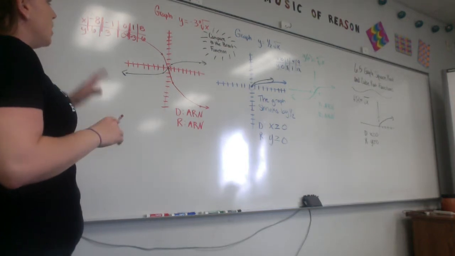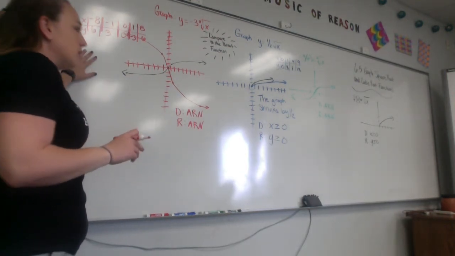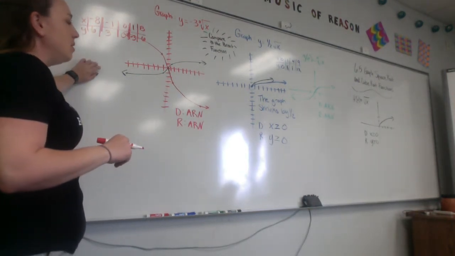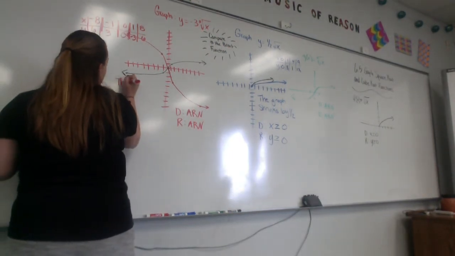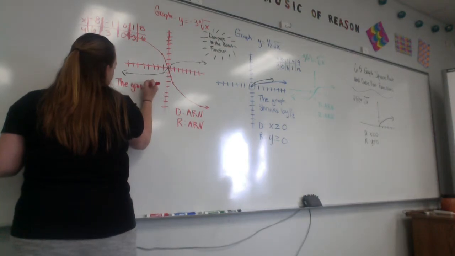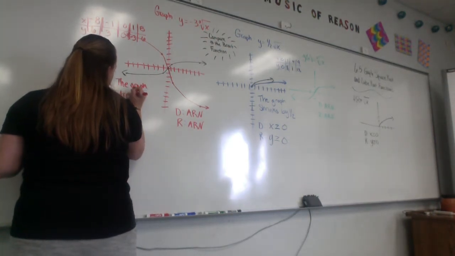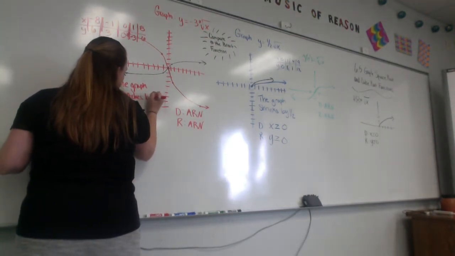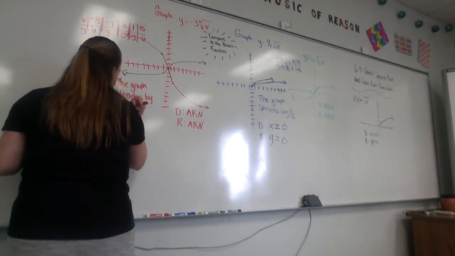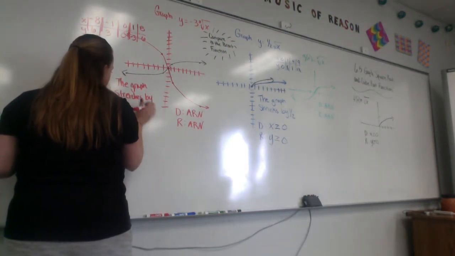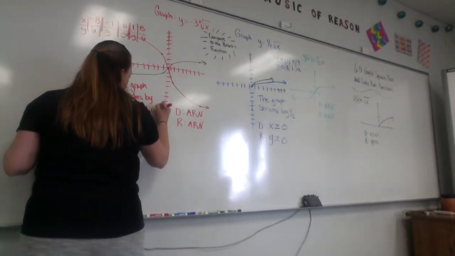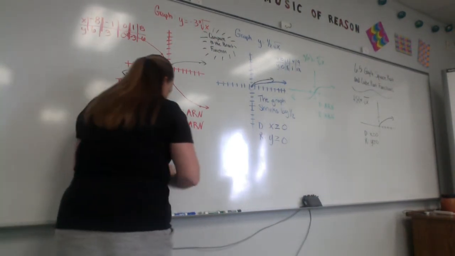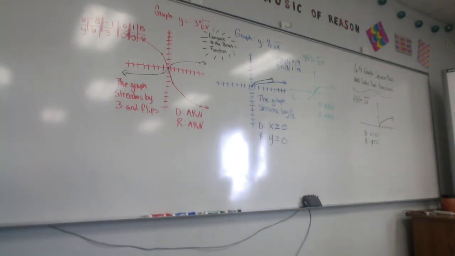Okay? Now, we compared it, but now we have to compare it in words. So what happened in words to this graph? It stretches. The graph stretches by 3 units. Well, by 3. I'm just going to put by 3. And flips. Since it was -3, do we have to say where it stretched to?